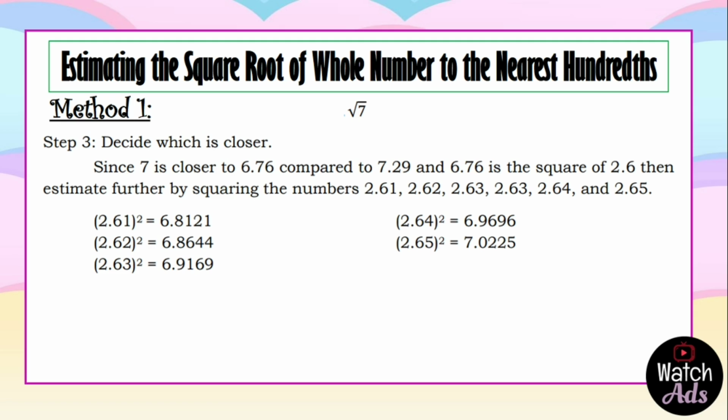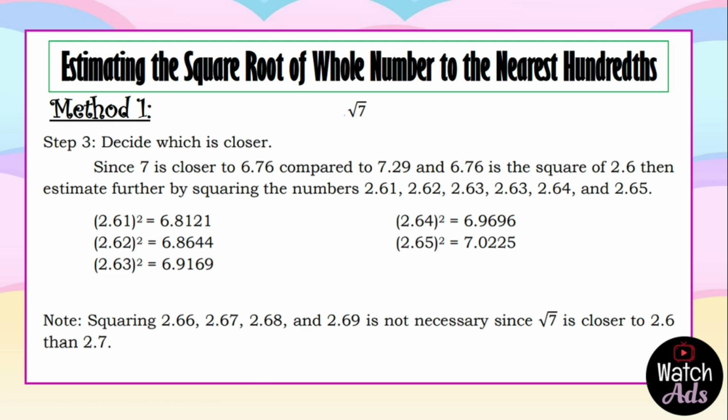Here are the squares of these numbers. Take note that squaring 2.66, 2.67, 2.68, and 2.69 is not necessary since the square root of 7 is closer to 2.6 than 2.7.